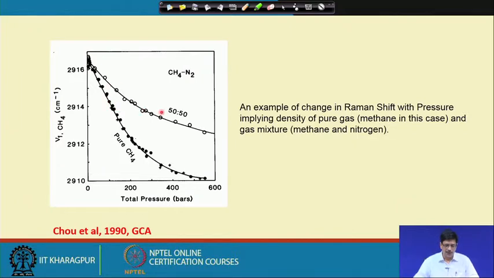And this is shown on a CO2, CH4 and N2 mixture. When it is a 50-50 N2 mixture, we could see that when it is present in a mixture, in a different atomic environment, when it is not pure, there also there is some shifting of the peak positions on a Raman spectra. They can theoretically be utilized to estimate the density of the liquid of the methane which is present sometimes in a mixture with carbon dioxide.